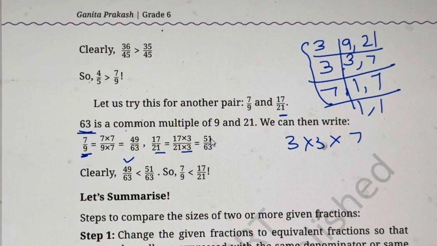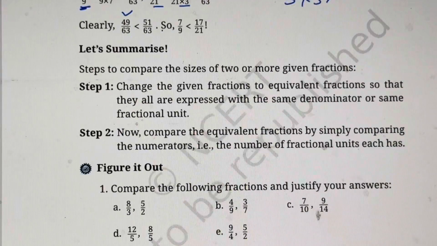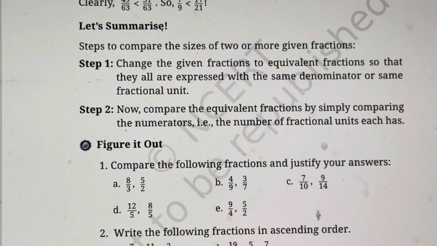So 17 3s are 51. So you got both the denominators same. Now you can easily compare that 51 upon 63 is greater or 49 upon 63 is greater. So this way, by making the denominators same, you can compare fractions very easily.